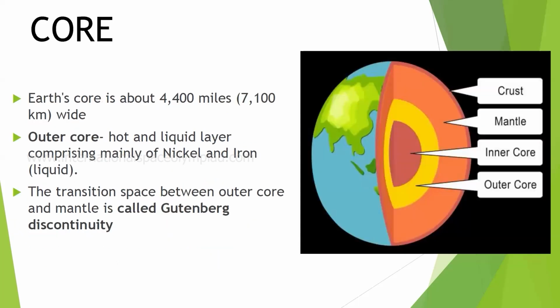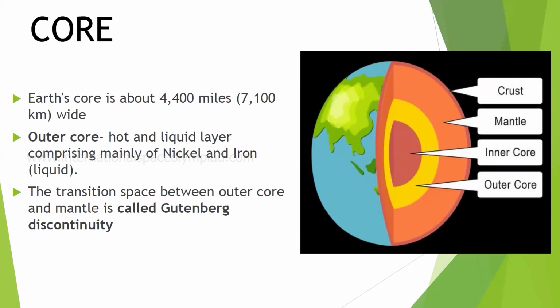Now the core. Earth's core is about 7,100 kilometers wide. There is an outer core which is a hot and liquid layer comprising mainly nickel and iron. And this is the reason why we do have a magnetic field, because this layer is liquid, I mean molten, and it contains nickel and iron.